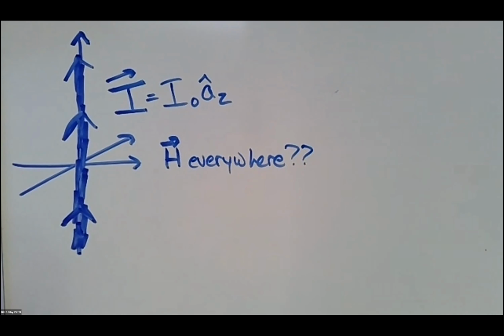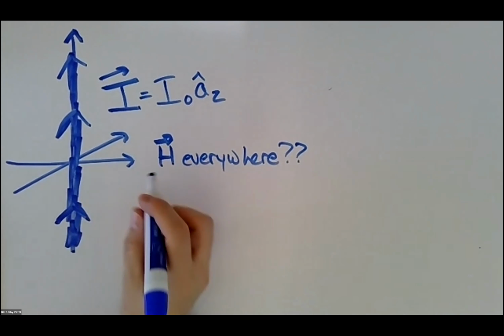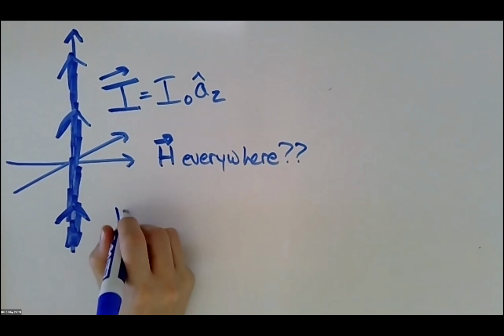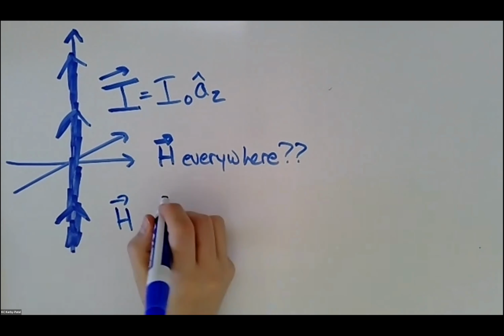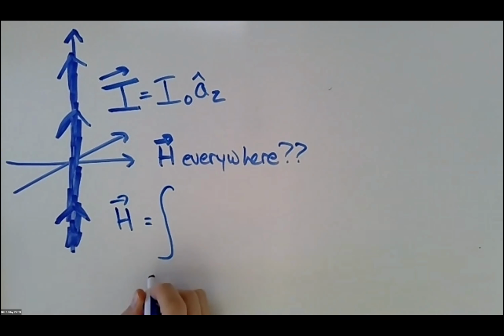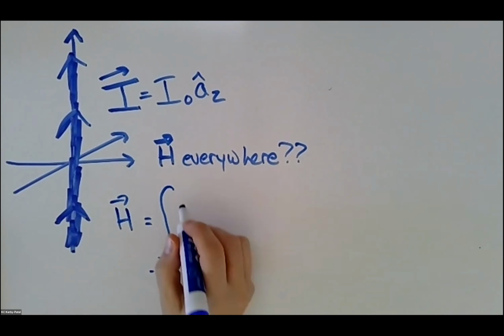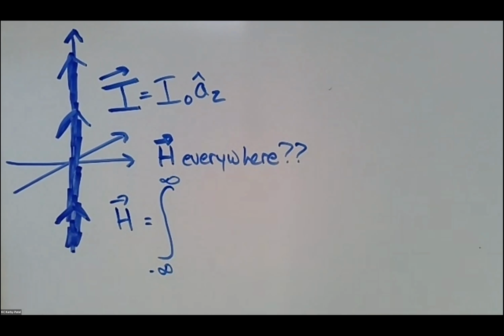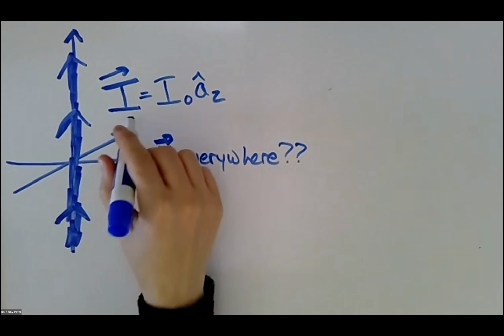We can start by setting up a general form of the Biot-Savart law. So we're going to have that H is equal to the integral. I'm going to write from minus infinity to infinity because this is an infinitely long line current, of I dl.